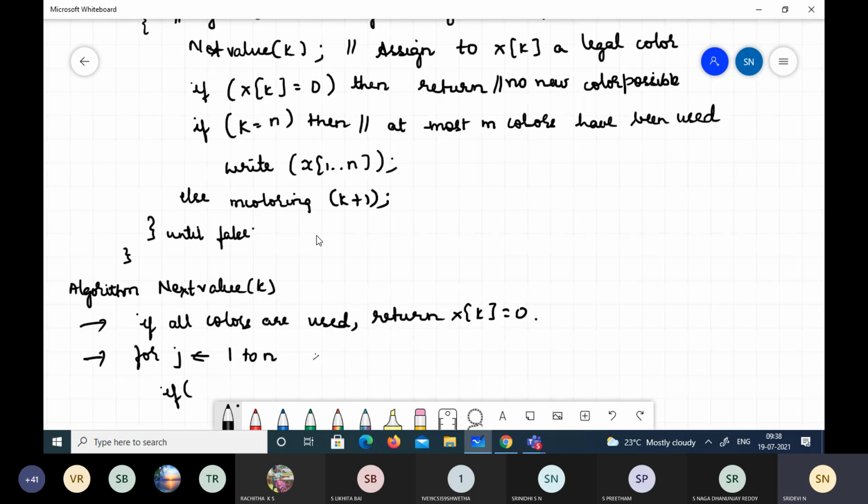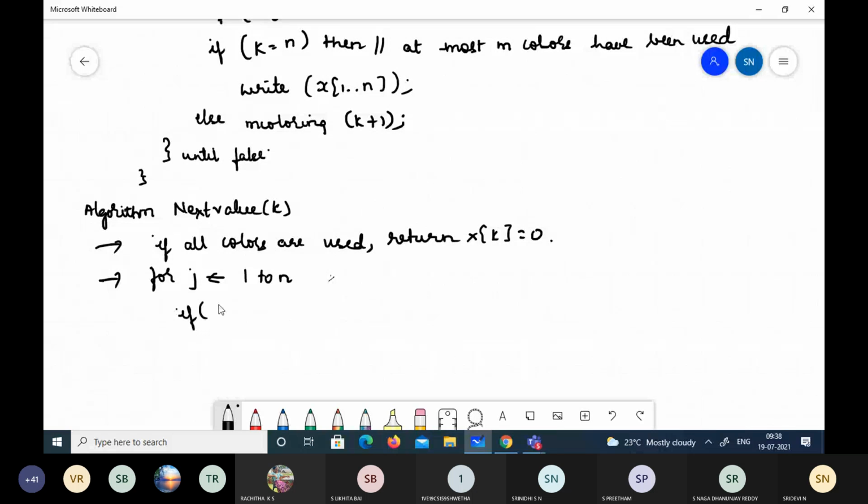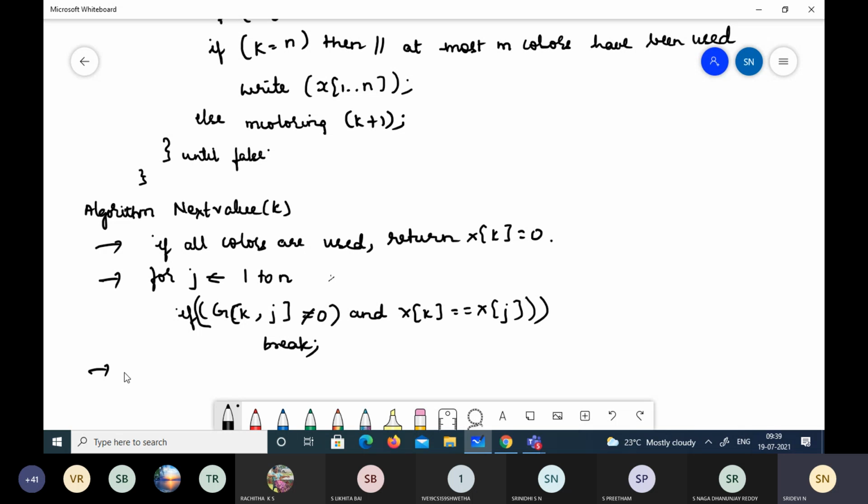If g of K comma j is not equal to 0 and x of K equals x of j, this is checking whether adjacent vertices have the same color. In that case, we will have to break. If adjacent vertices have the same color, we break. Otherwise, if j is equal to n plus 1, then we have to return, which means that there are no new colors.